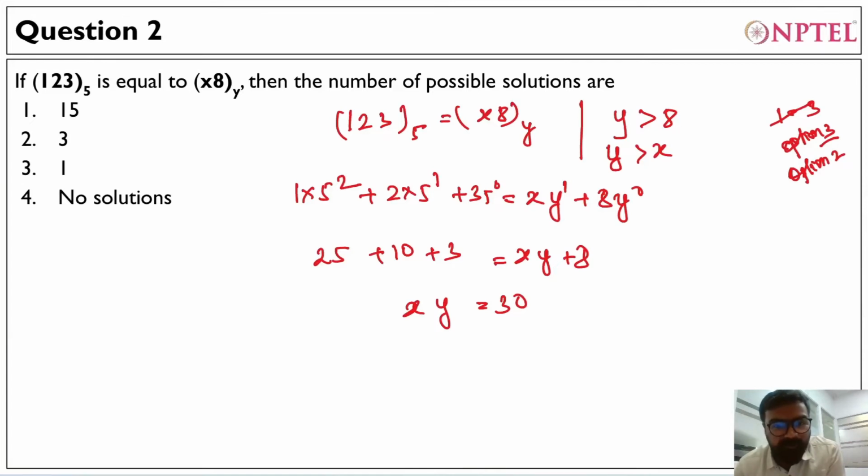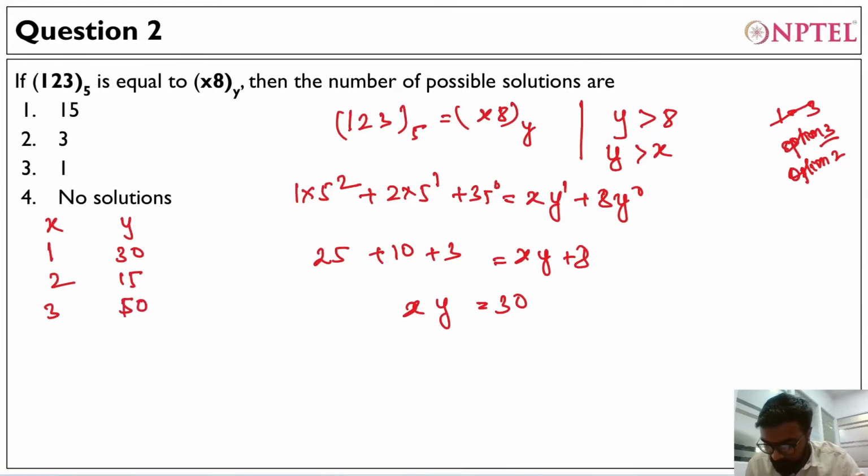The very first thing is, let us write down all the possibilities. If I put x equal to 1, y is equal to 30; x equal to 2, y is equal to 15; x equal to 3, y equal to 10.